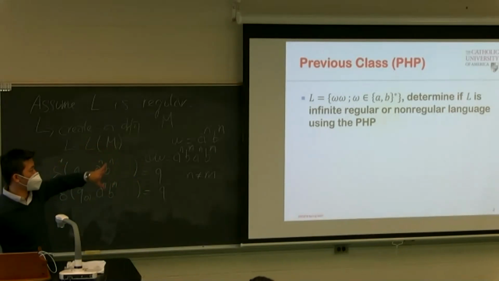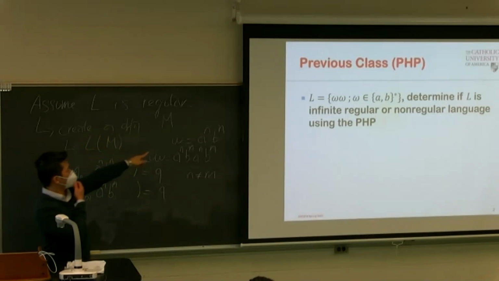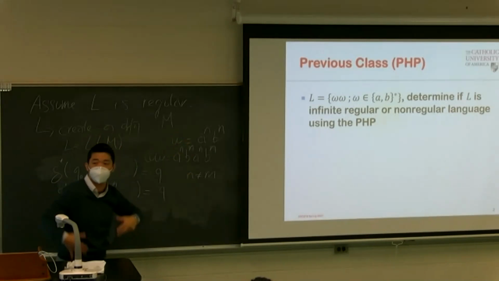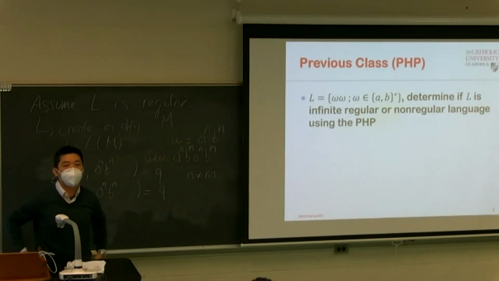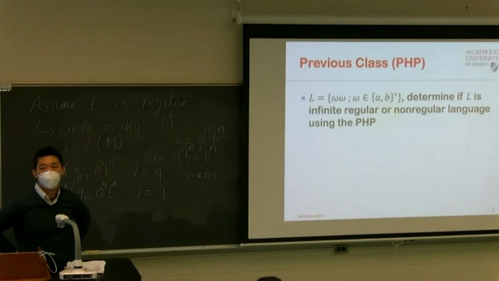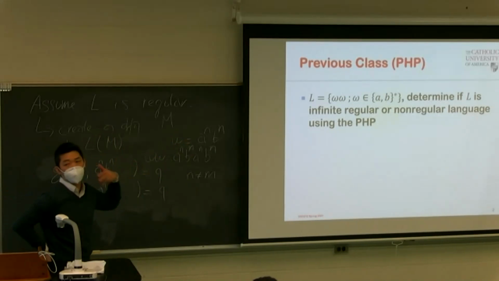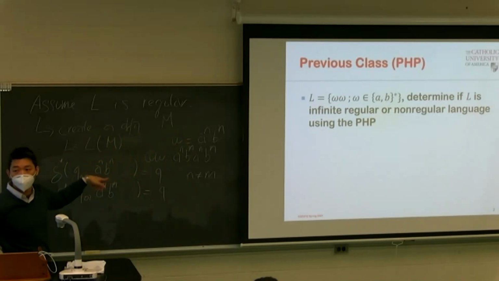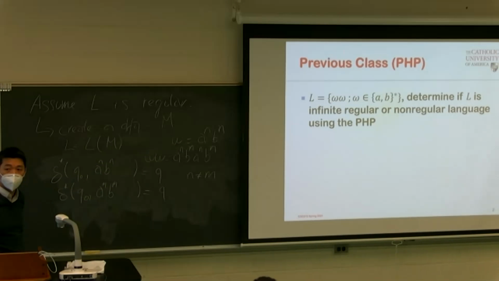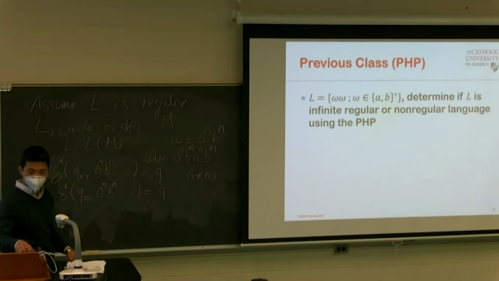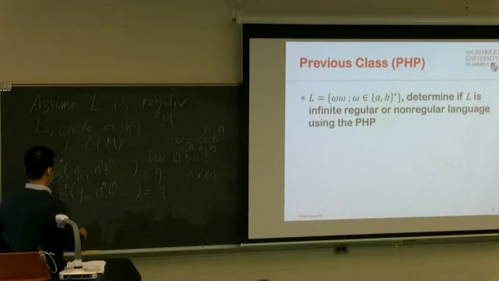So you said, if you pick W as A to the N, B to the N, isn't it the same thing that we did in the earlier example? And if that's the case, how do you show it using the transition function? You keep those two up, and then from there, delta star of Q, A to the N, equals QF.